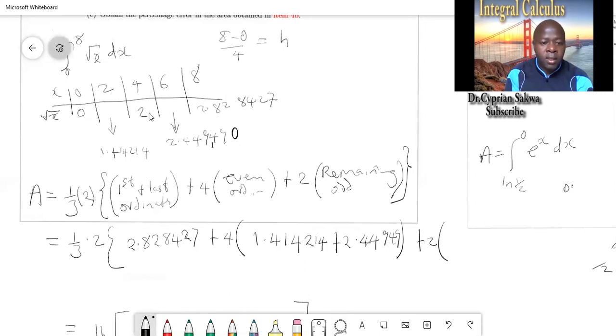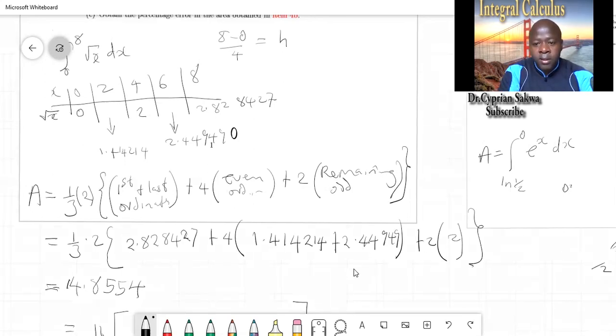So this is the only one that is left. So when you do this with your calculator, you would get 14.8554. Remember that this bracket is closed here. Good.